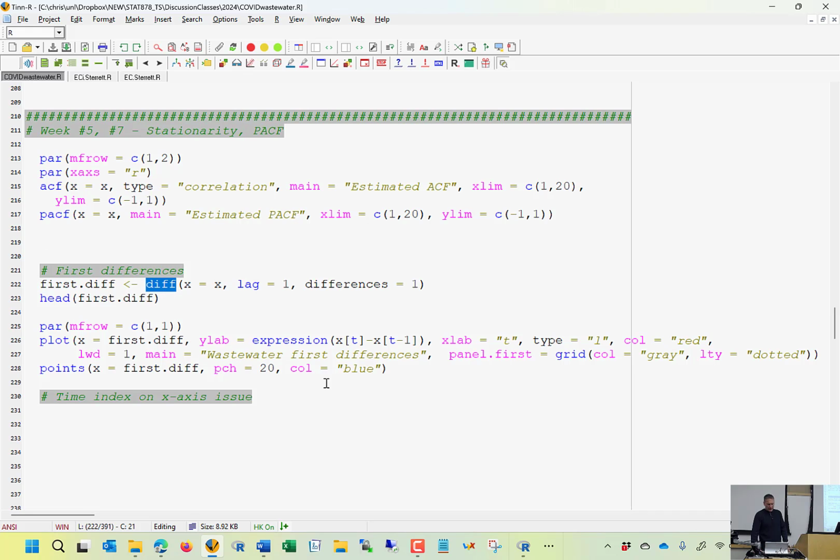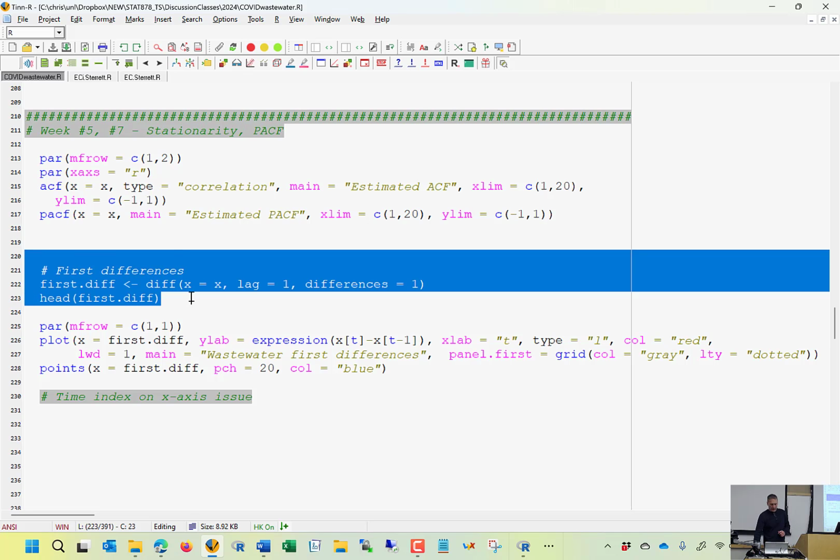To do first differences, of course, I use the diff function. Notice I say with respect to lag 1, which means I'm looking at x sub t minus 1. The differences argument means that d is equal to 1. So here's my first differences.